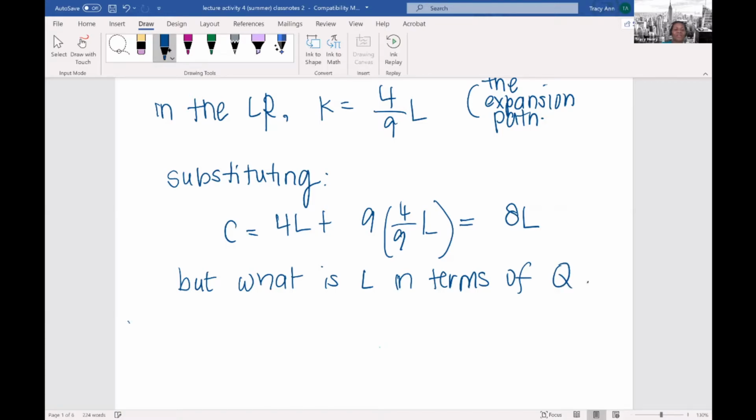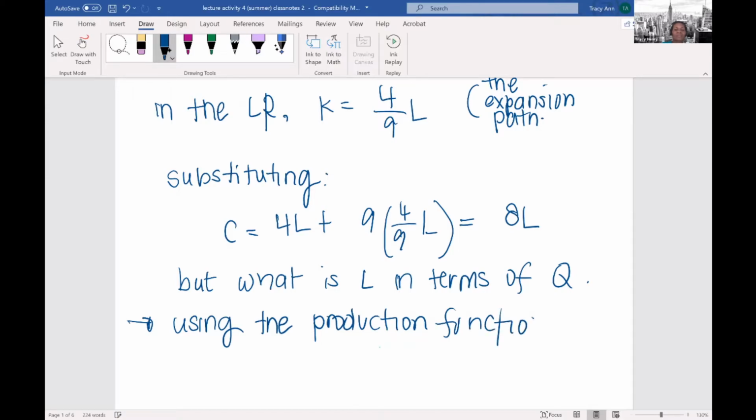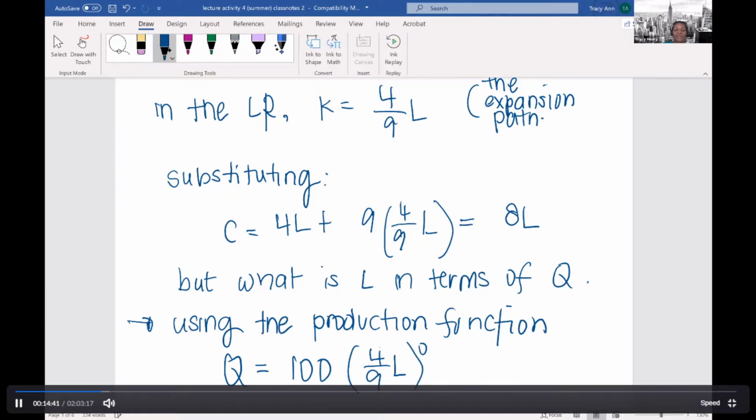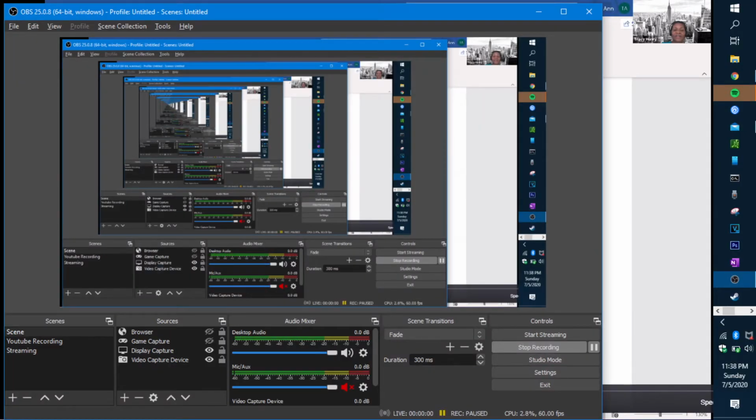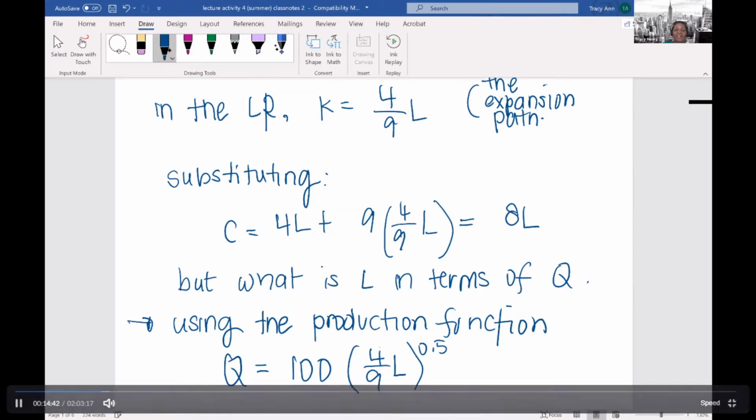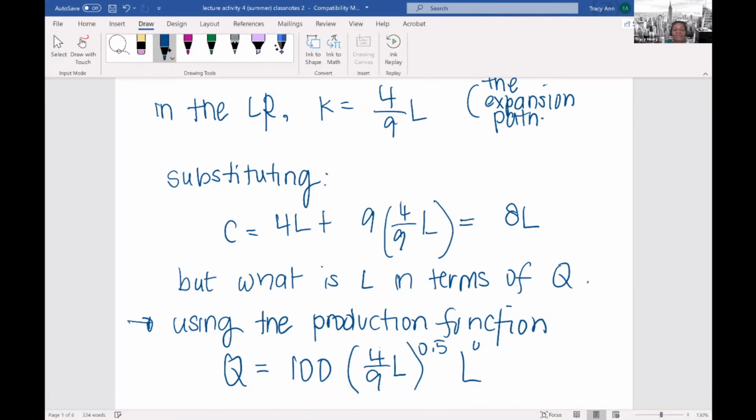So using the production function, we have Q is equal to 100 times (4/9 L) to the 0.5 times L to the 0.5, right?